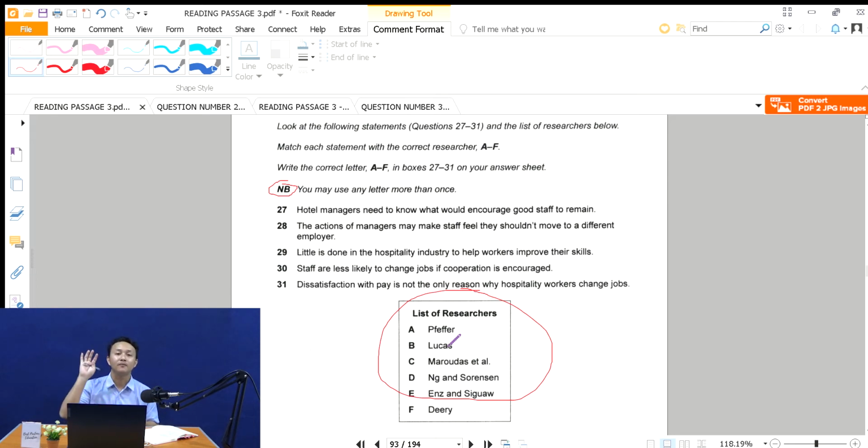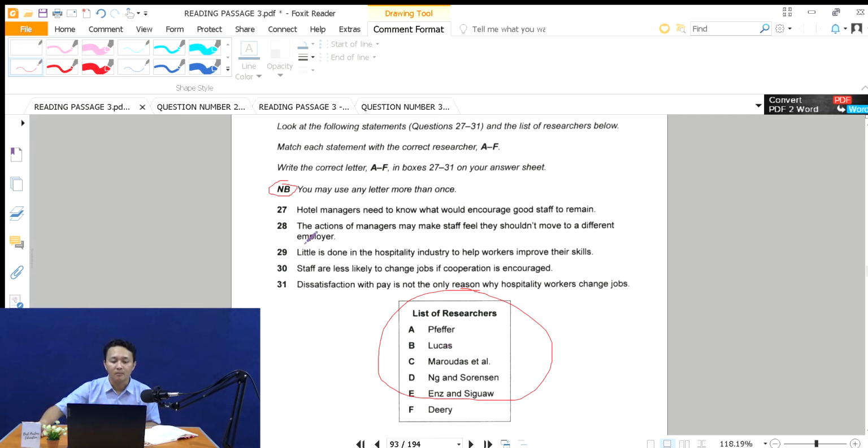Now, step number 4. After you have read and understood the information in the question, now you have to highlight the keywords in the question. So highlight the keywords number 27 until 31. Still remember about the keywords, right? The keywords are content words like nouns, adjectives, or verbs, mostly the words that help you to picture or to understand what information you need to find.